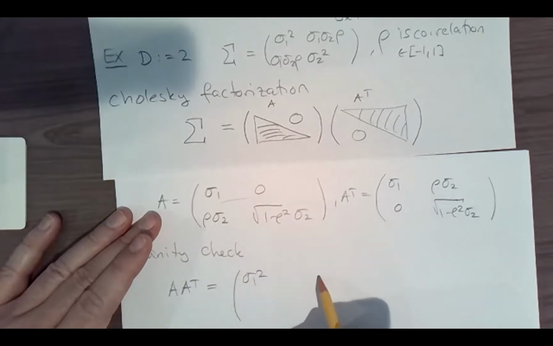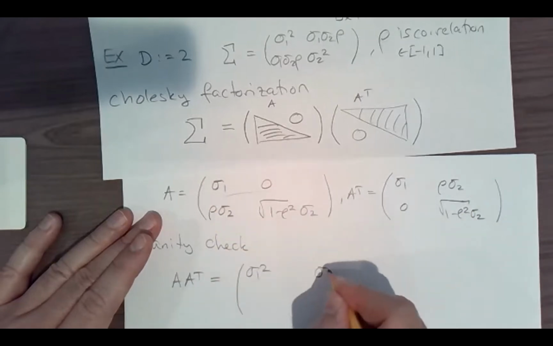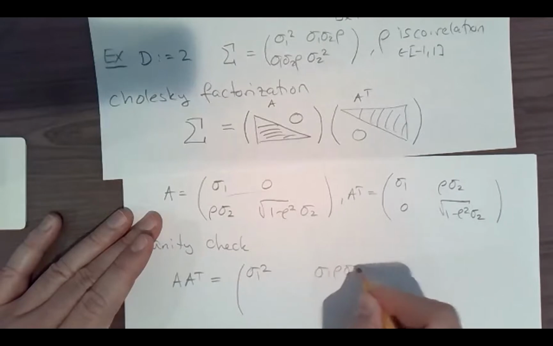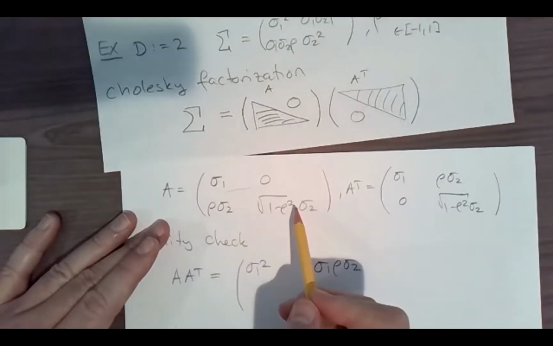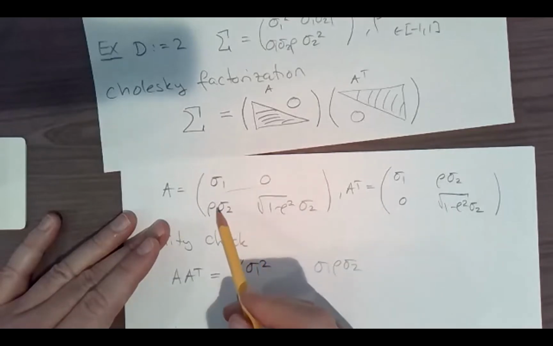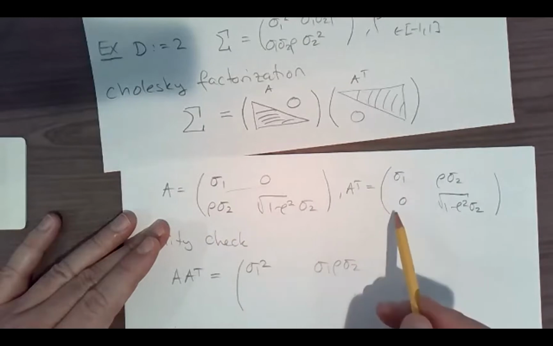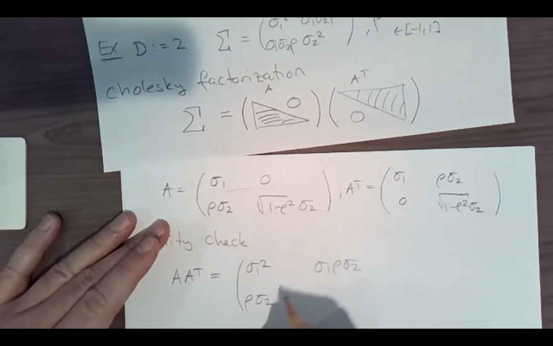Now I want to get the one up here, so I take the top row and the second column, and I get sigma 1 rho sigma 2. Then I go down to the second row in A, times the first column, which is rho sigma 2 times sigma 1.